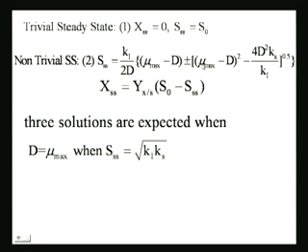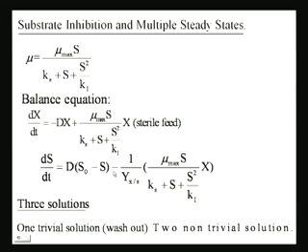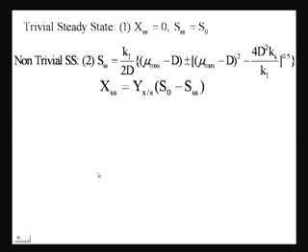Why is it valid for mu max not equal to d? Because for mu max equal to d, what will happen is this quadratic form. Remember, you have taken out the trivial solution. So you had a cubic equation to start with. You take out one of the solutions, which is the trivial solution. Then you have a quadratic form. So this is a quadratic form you are solving.